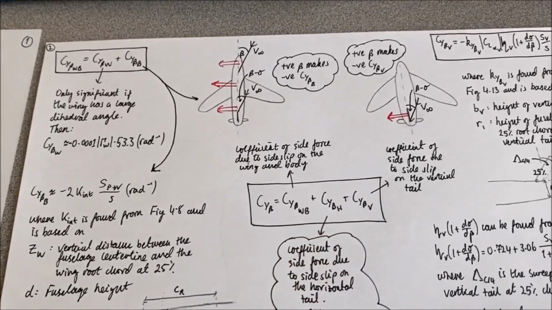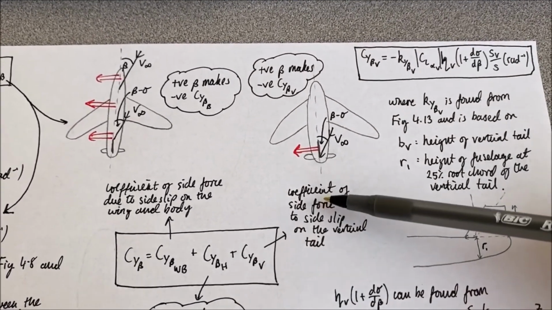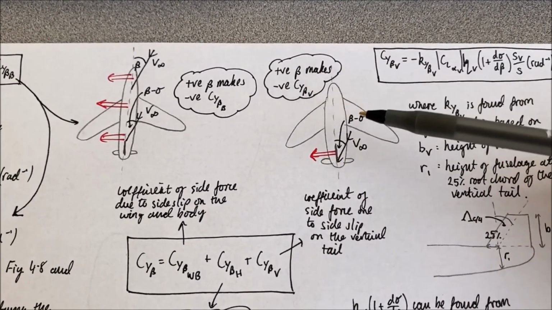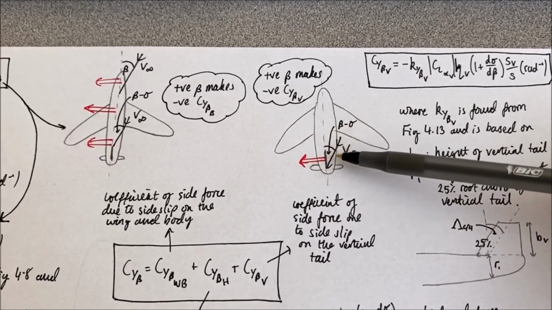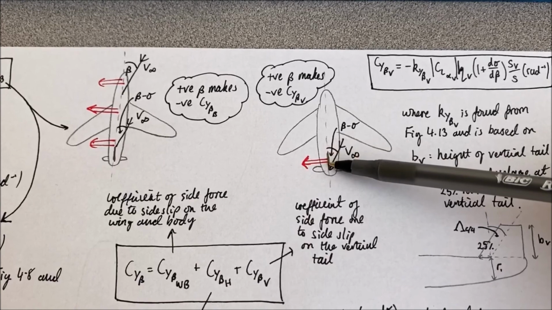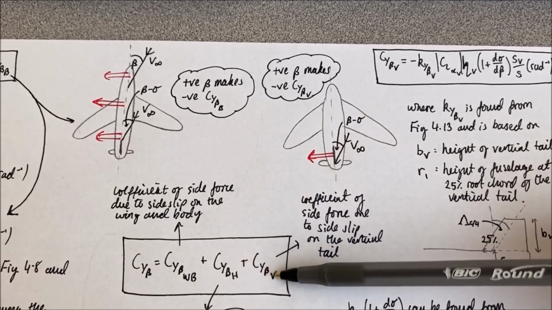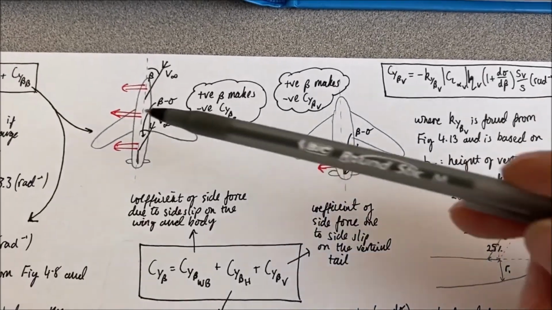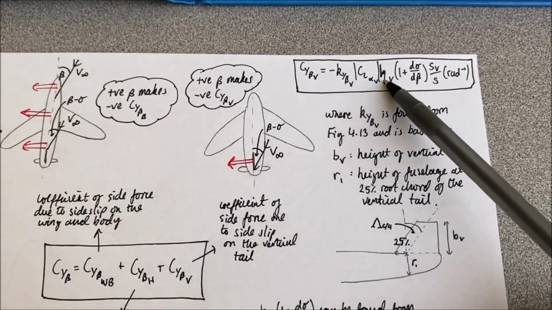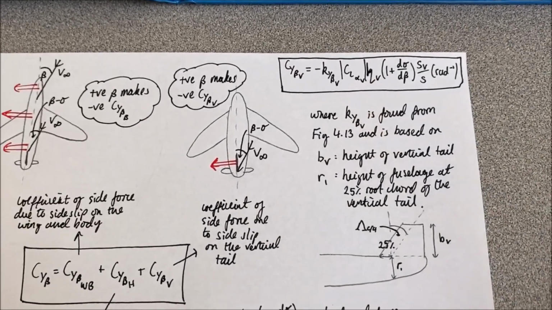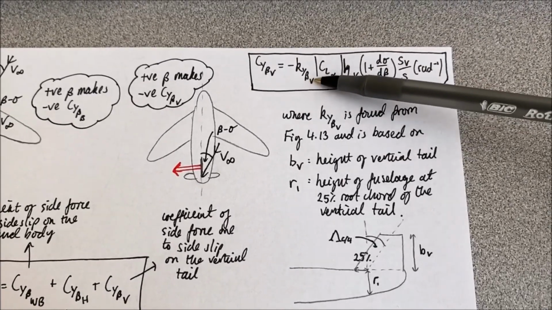Now let's finally deal with the coefficient of side force due to side slip on the vertical tail. So again, this is the free stream velocity affected by side wash onto the vertical tail. Positive beta makes negative side force due to side slip on the vertical tail in the same way as it did on the body. And we find this coefficient based on this formula up here, where again we have introduced some more terminology.